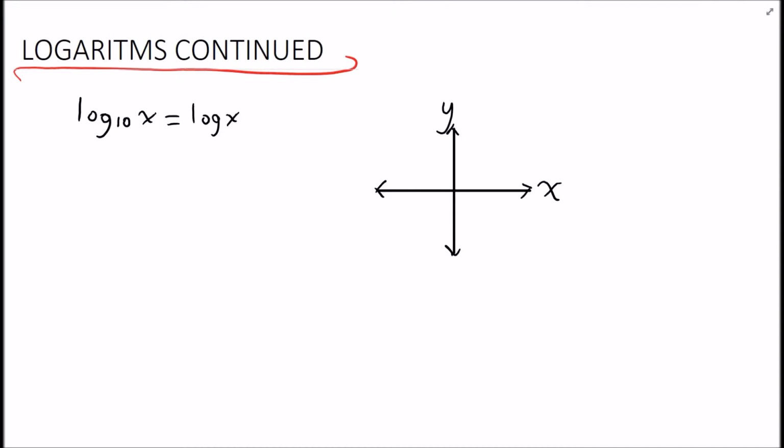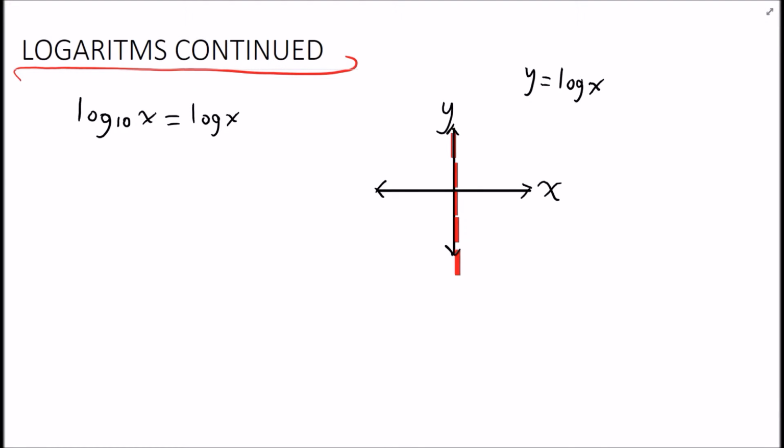So the second thing I'd like to say, you may have noticed on the previous tutorial I had a little axis with x, y, and didn't end up using it. I'll just quickly go over what the graph of y equals log x looks like. Now we're not actually graphing in this first topic, that'll come later, but just for your own interest. The graph of y equals log x has an asymptote on the y-axis, so I'll put a dotted red line here.